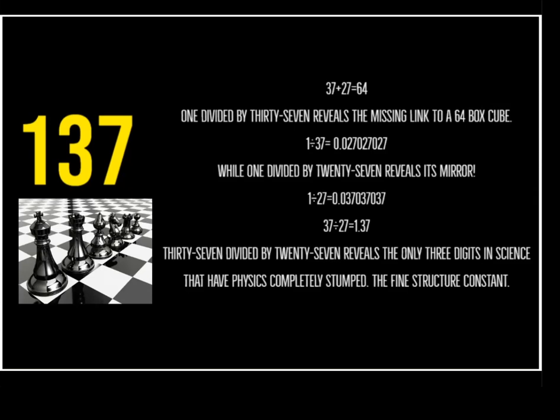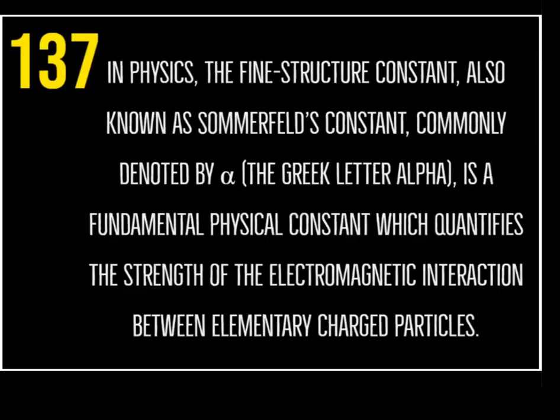Okay. And 37 divided by 27, and this is my favorite one, gives you 1.37. And there is some fantastic information about that number, 137. All right. 37 divided by 27 reveals what is referred to as the fine structure constant. In physics, the fine structure constant, also known as Sommerfeld's constant, is commonly denoted by the alpha symbol, which is very important because the number that represents alpha is 137.649.